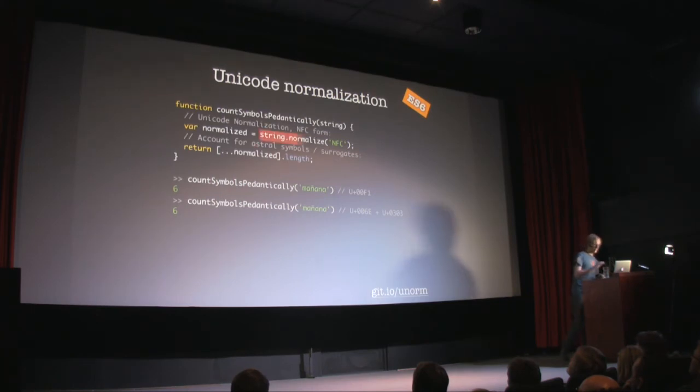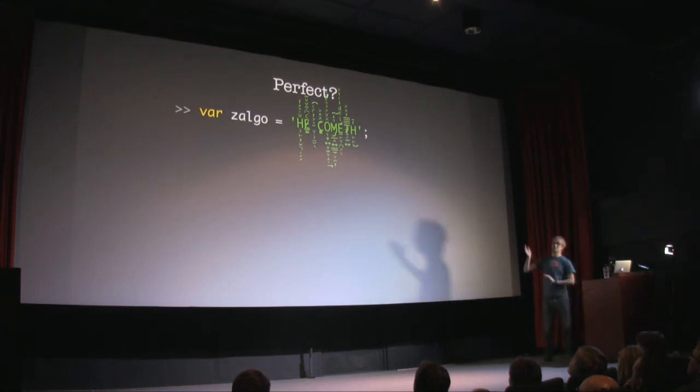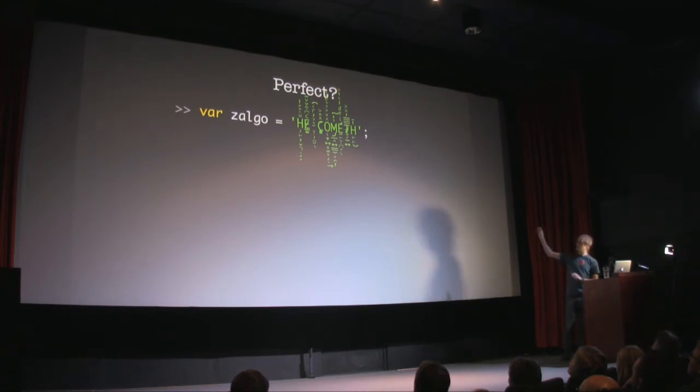Now, is this perfect? Well, it depends. Again, if you need to support things like this, a string with lots of combining marks applied to the same character. So visually, I count 9 different symbols here, but each symbol has at least 20 different combining marks applied to it. That's why it looks so weird. So how many symbols does our pedantic function count here?